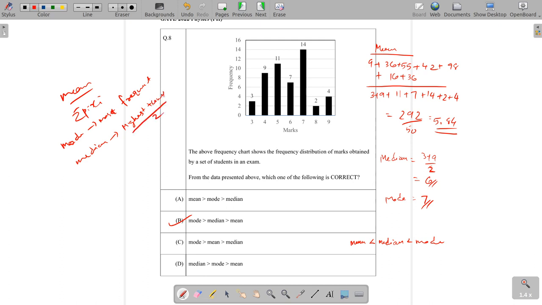It's just a middle value maybe. So in this, which one is the easiest? Median is easy. So you have the lowest value 3 and highest value 9. That will give you 3 plus 9 by 2. 6 is your median. Mode is the highest frequency. So you have 7 here.